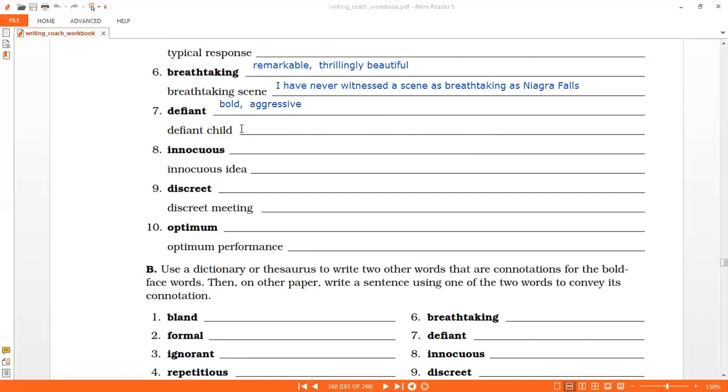So my sentence is: the defiant child at school became intolerable by teachers.